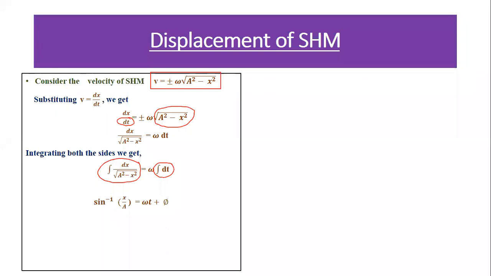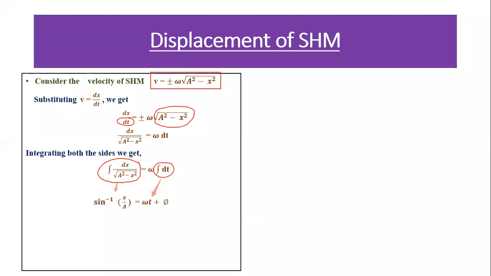Integration dx divided by under root a square minus x square is a standard formula that you have to remember. Those who don't have mathematics, you have to remember this standard formula. So we get sine inverse x by a is equal to omega t plus phi.